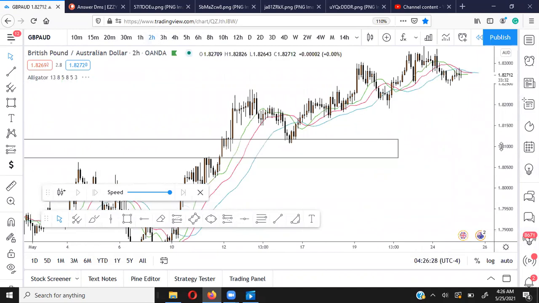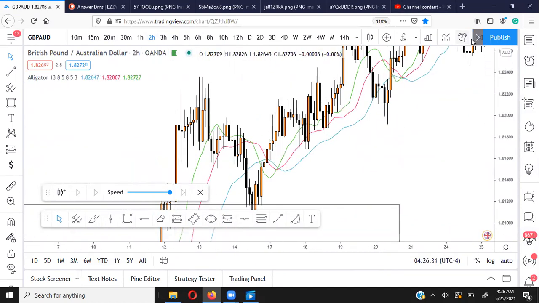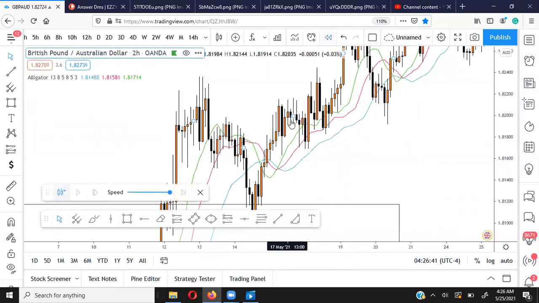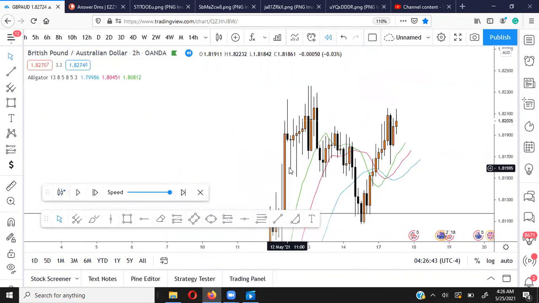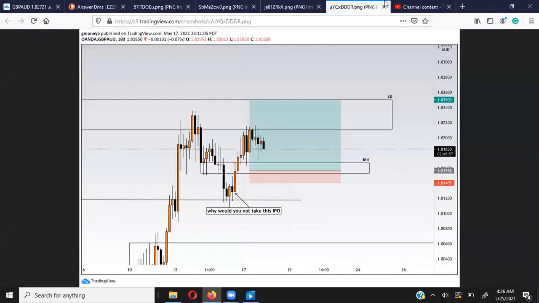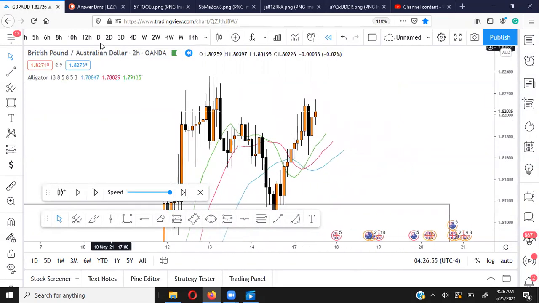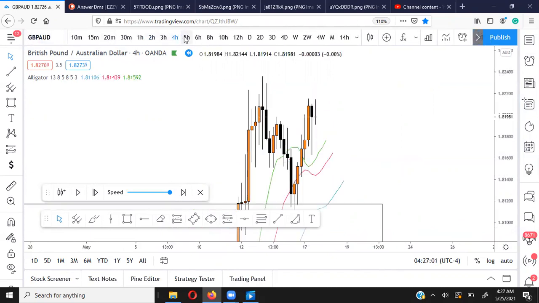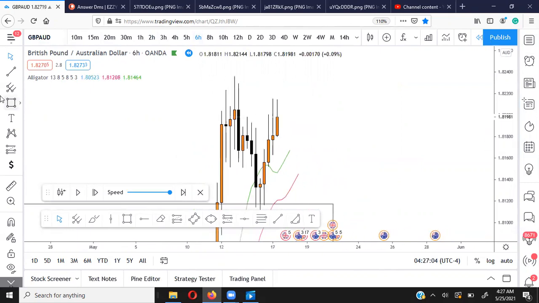So if you come to this right here, it was right here when this pattern formed. And you took the right size of the IPO, because I know for a fact you switched time frame to get the right IPO there. So well done there. So we probably went to 4 hour, I guess. 6. There you go, 6 is the right one.